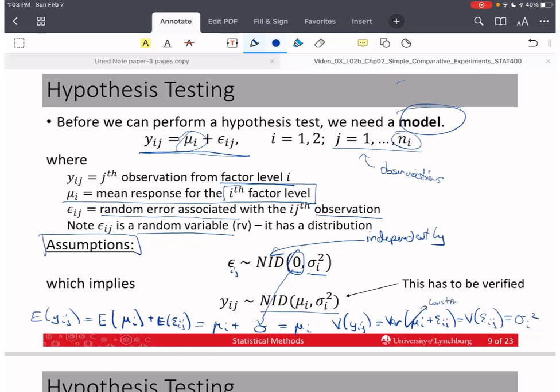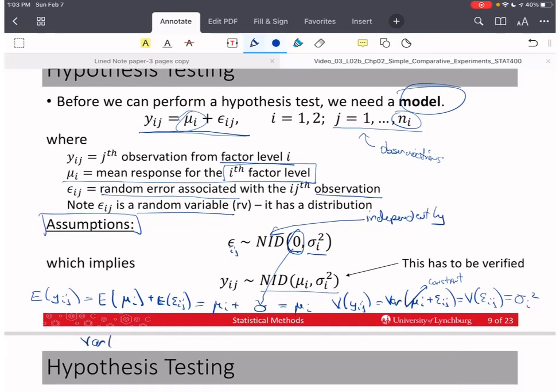And so when we apply our covariance rules for variance, remember, the variance of mu i plus epsilon ij is equal to the covariance of mu i plus epsilon ij with itself. We have to take all four terms, we match those two up, then we match these two up, and we add them. And so anything that has the covariance of a constant with a random variable is 0. So we lose all the mu's.